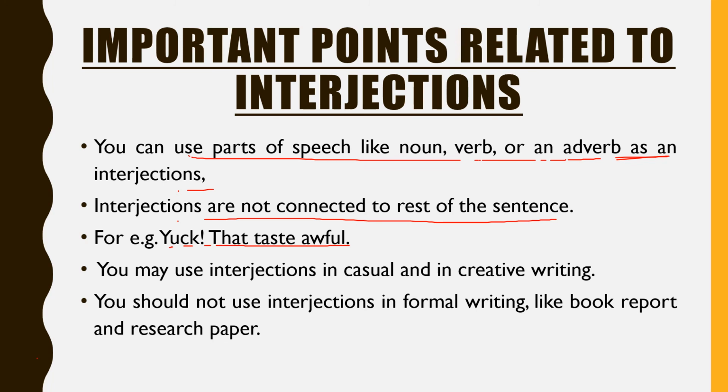Here the word yuck is the interjection, and it is the feeling of a person that makes the sentence more expressive. If we remove the word yuck, "that tastes awful" also tells us about the feelings of a person, but the word yuck makes it more expressive. Otherwise, "that tastes awful" is a grammatically correct sentence. So they are not connected to the rest of the sentence.